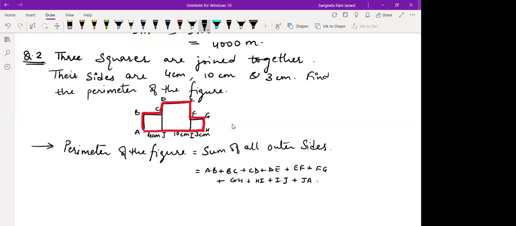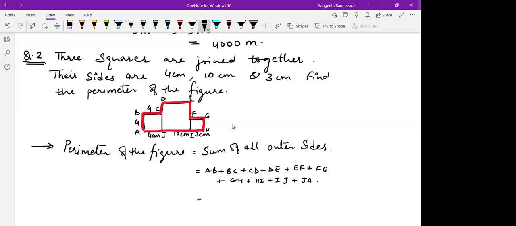Okay, I have given names to each vertex: A, B, C, D, E, F, all the outer sides. Right? So the sum of all outer sides is AB plus BC plus CD plus EF plus FG plus GH plus HI plus IJ plus JA. Okay. So this is a 4 centimeter square, so I'm writing 4, 4.